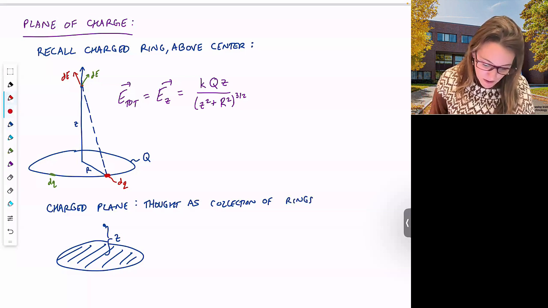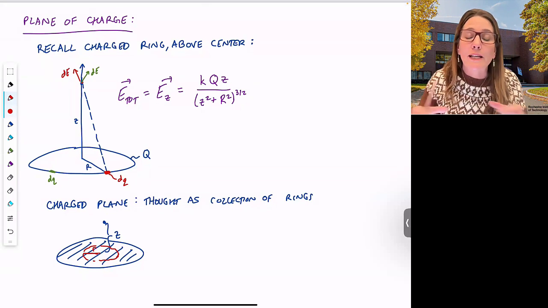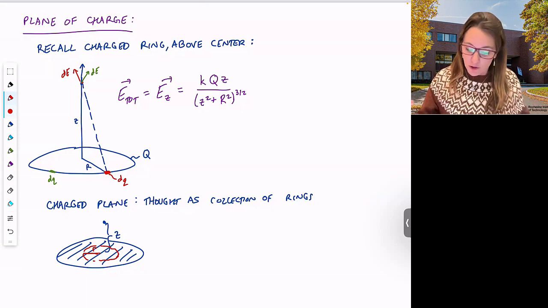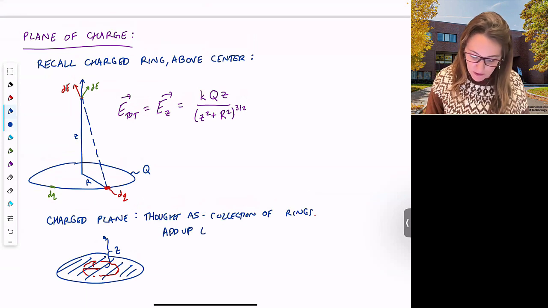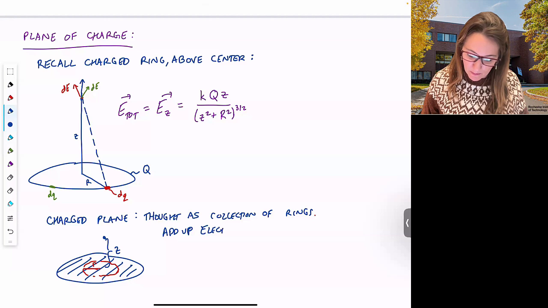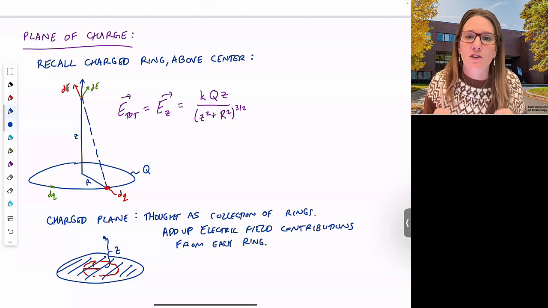And so these rings would all have some variable r, and then we could add up the electric field contributions from each ring. And then that's going to give us our entire plane.